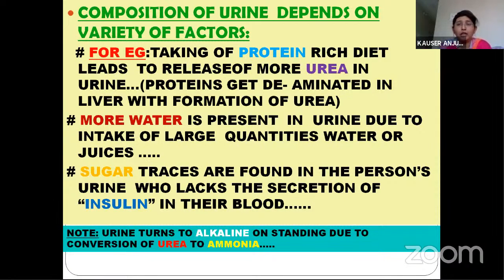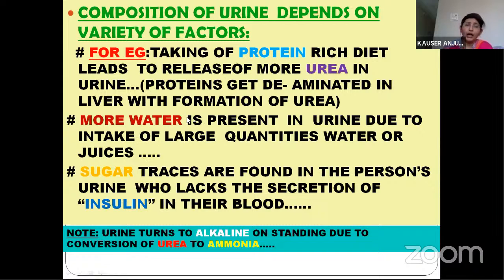Deamination occurs in an organ called the liver. So taking more proteins releases more urea, and more urea is excreted in the urine. If you take a less protein diet, less urea is released, and you find less urea in the urine.